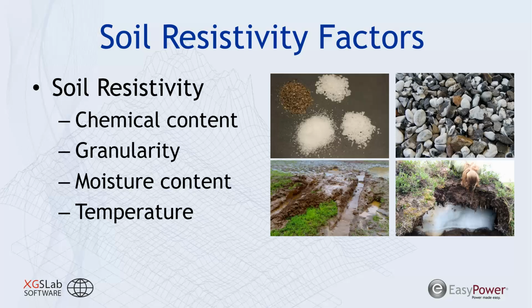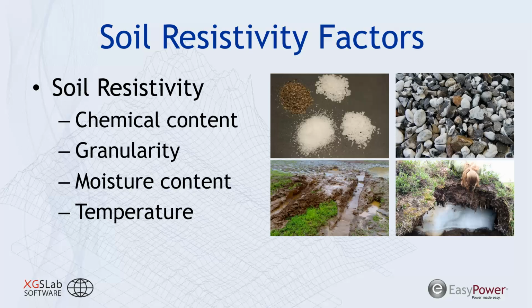And understanding what can contribute to greater electrolytic contribution, we can get a better estimate of what's going to reduce our resistivity and what is going to increase our resistivity. For example, if you have a higher chemical content and you have a higher moisture content, you're able to have more charged ions in that material, so you can have a lower resistivity.